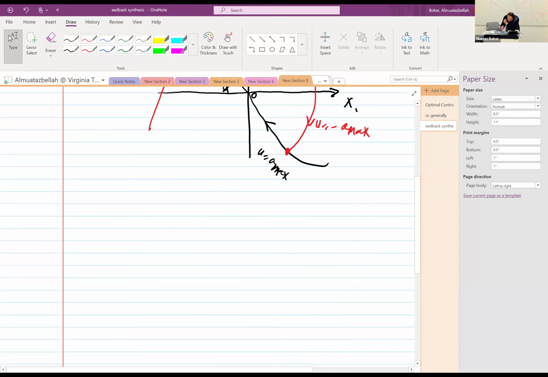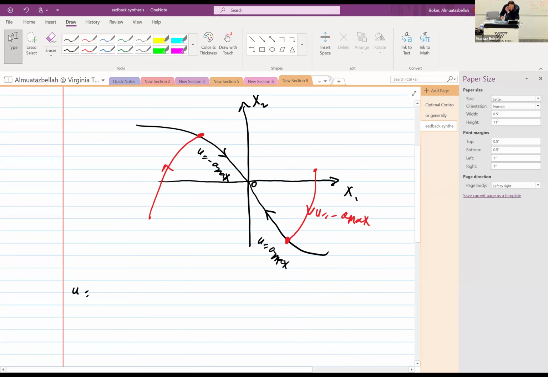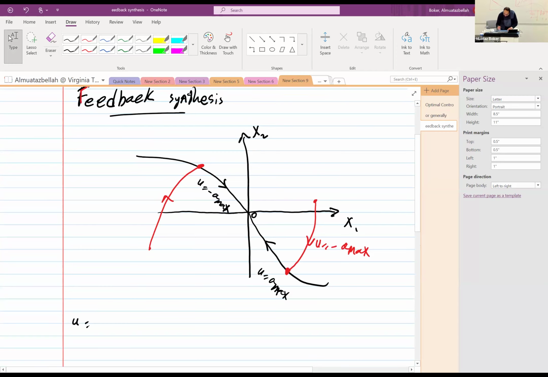Let me write it down. By the way, I forgot to mention that for reference, I'm going to call this the right half.